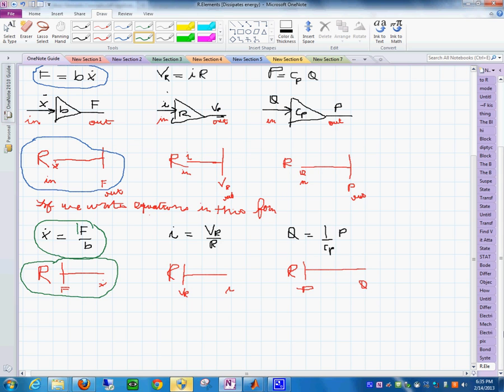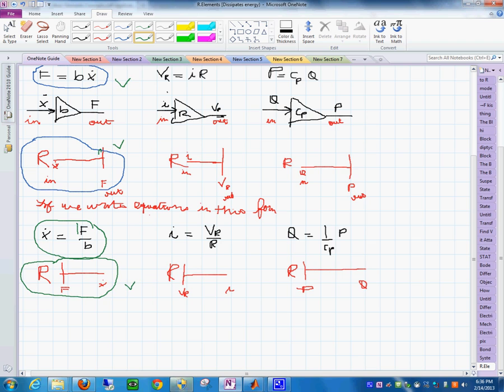What am I trying to conclude by doing this? What I'm trying to tell you is that the symbol and the place where the causal stroke is placed has everything to do with the form of the equation. So whenever you have this one on this, you have this form, then this is the equation that belongs to this.